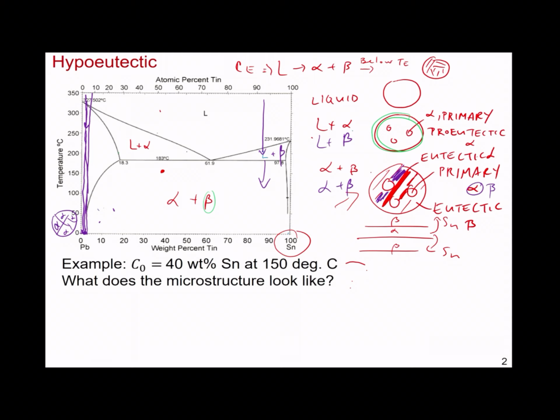So yes, you do have a grain boundary right here in between the two stripes, or the two laths, or the two lamellae. All different names, same thing. And it looks something like this. Since I'm doing the liquid plus beta example, this should be primary beta if beta is purple.